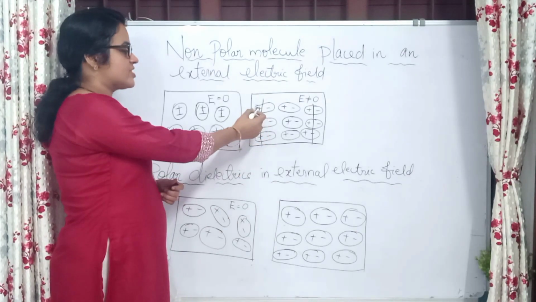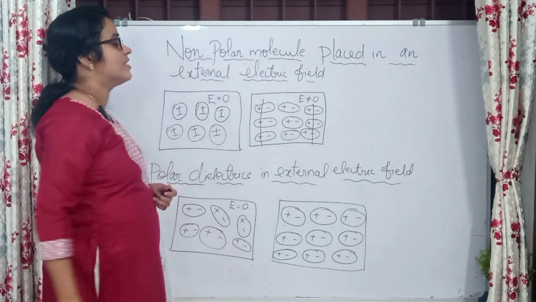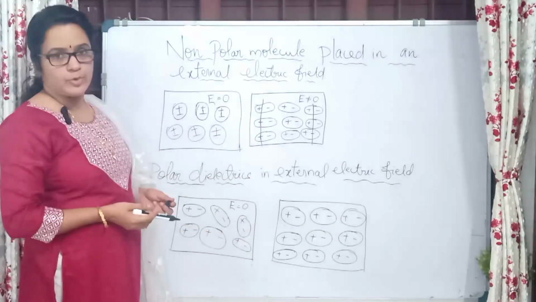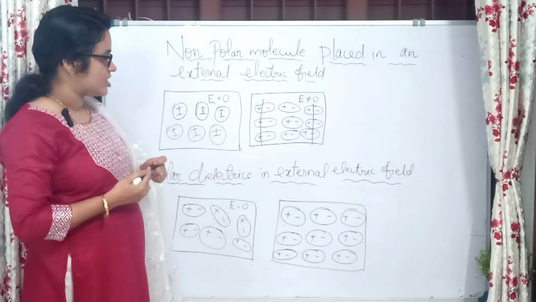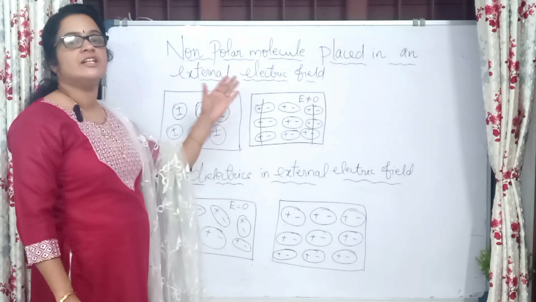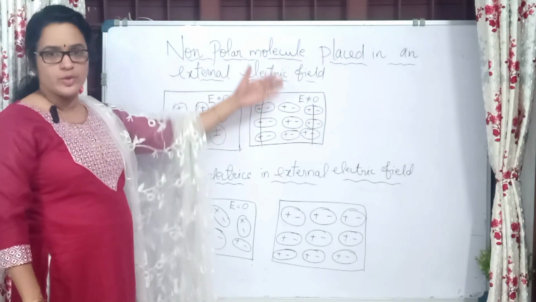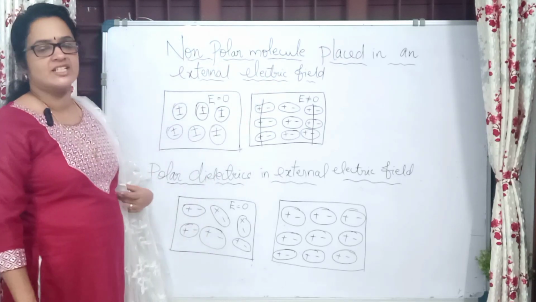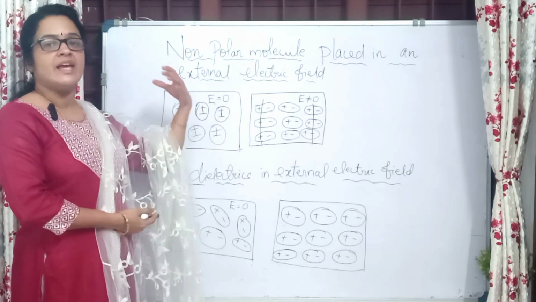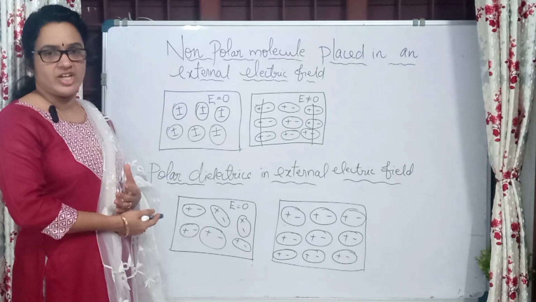Only this positive side and negative side remain, and it will make a dipole moment. So the charges will get separated and there will be a dipole moment. That means in the case of non-polar molecules, if you are placing them in an external electric field, a net dipole moment is formed in such a case.